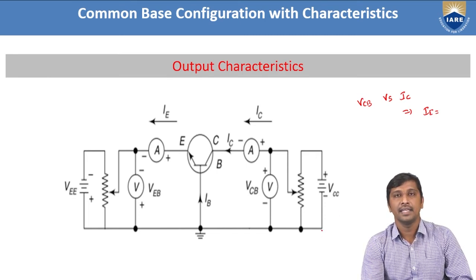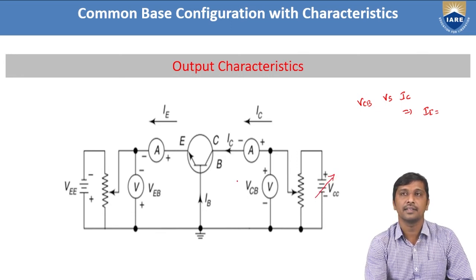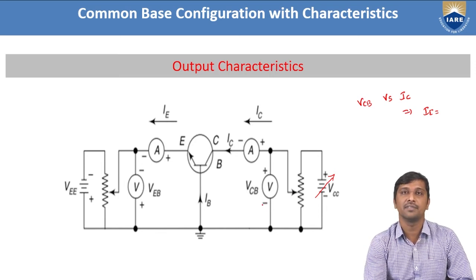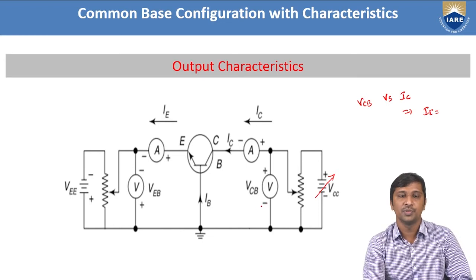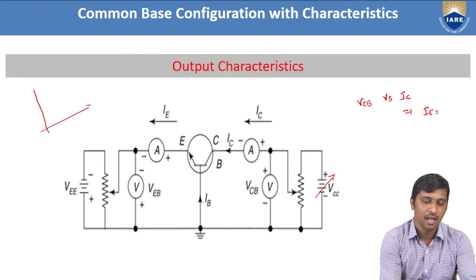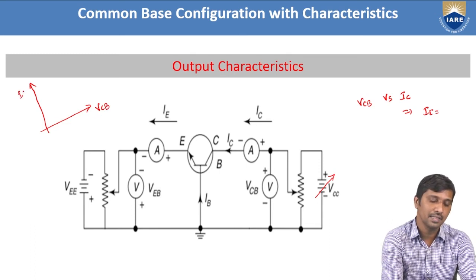By keeping IE constant, we change the biasing voltage, then note down the corresponding collector current and the corresponding collector-base voltage, meaning the potential difference between collector and base. To plot these characteristics, the x-axis is represented as the voltage VCB, and the y-axis as IC.